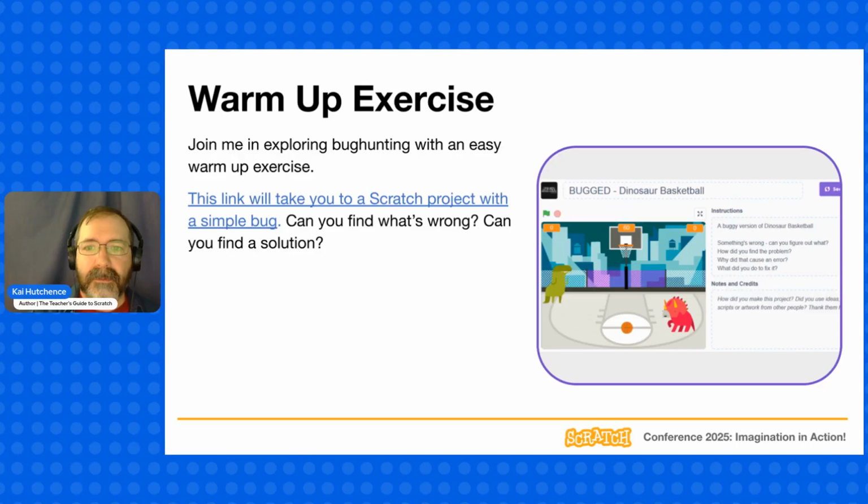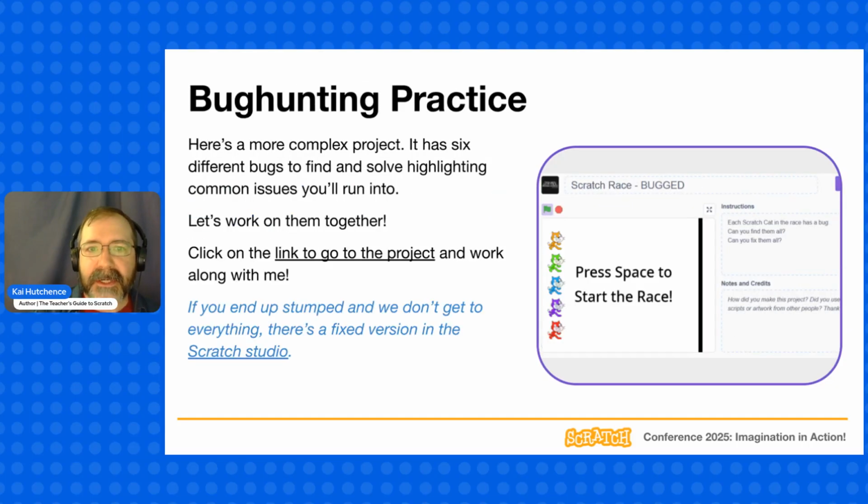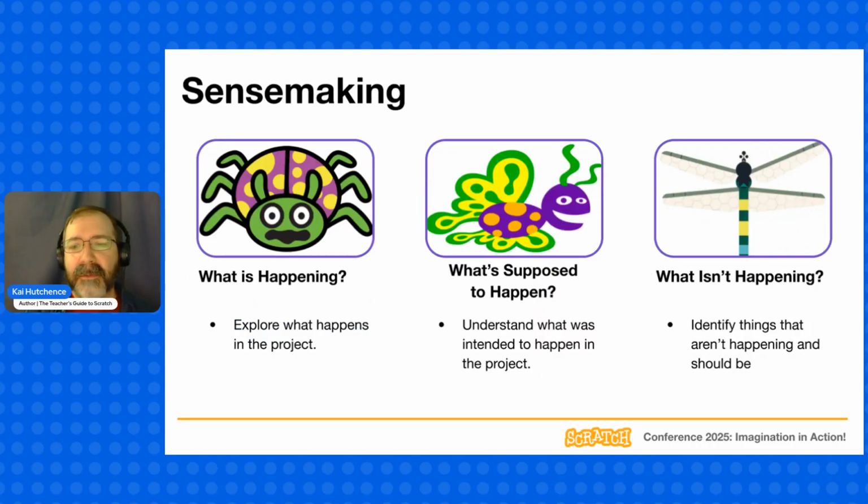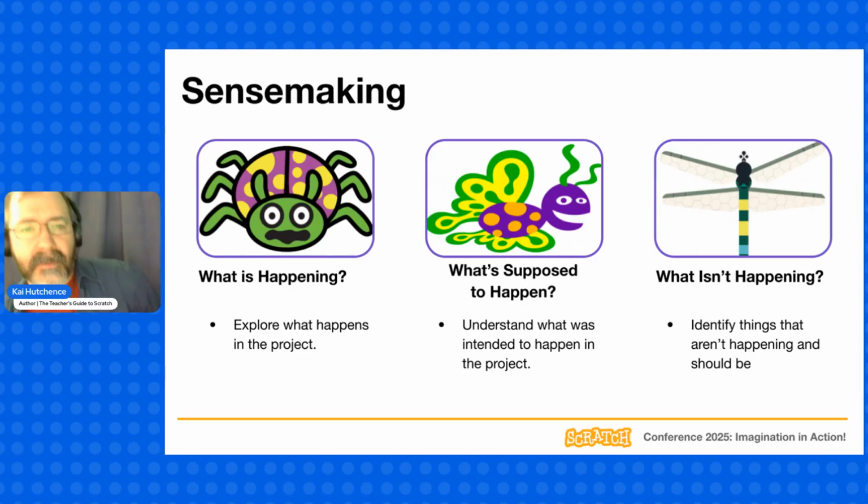So that was our little warm-up exercise. Now we've got another more in-depth project that we can bounce to. But first, I'm just going to go through some of our concepts, how we actually go through the process of bug hunting. So my first step here was really sense making.